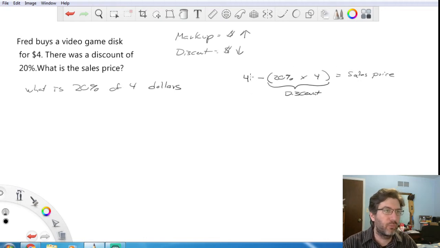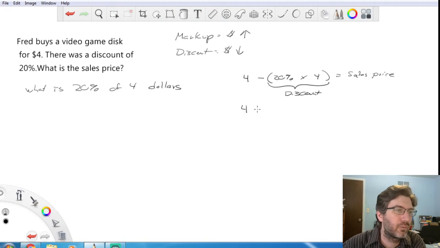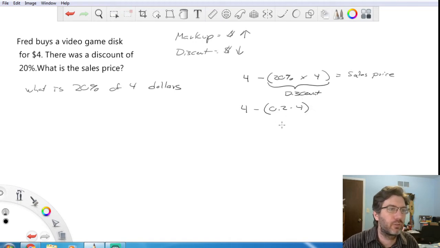You could do it that way, and that way is probably an easy way to do it, just by reasoning through things. So 20% of 4, and again, you don't use the percentage, so I can rewrite this as 4 minus 0.2 times 4.